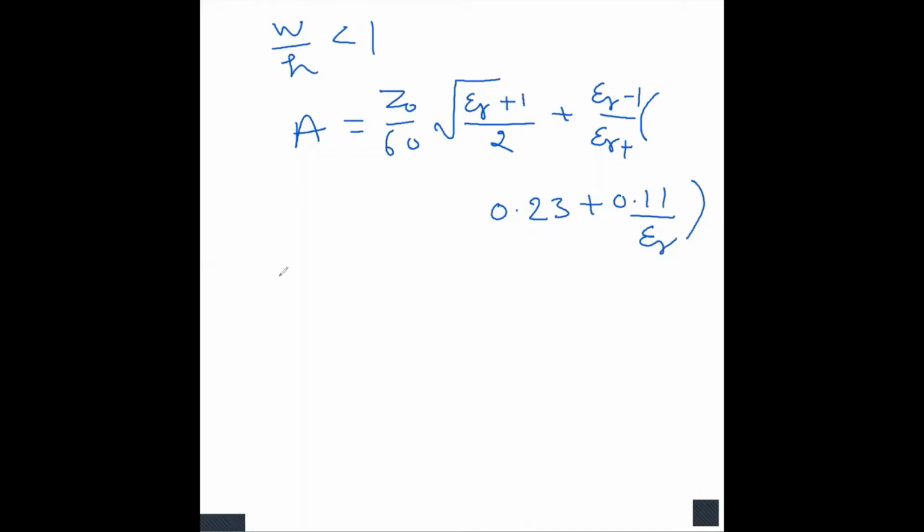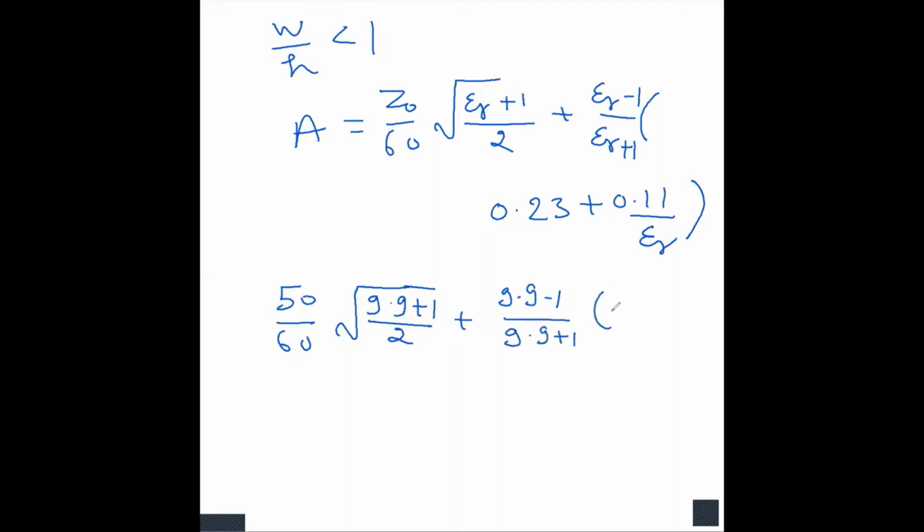So Z0 equal to 50, and this is 60 under root of (9.9 plus 1) upon 2, plus (9.9 minus 1) upon (9.9 plus 1), times (0.23 plus 0.11 divided by 9.9).